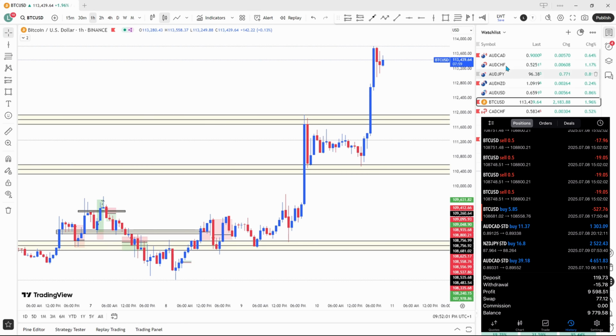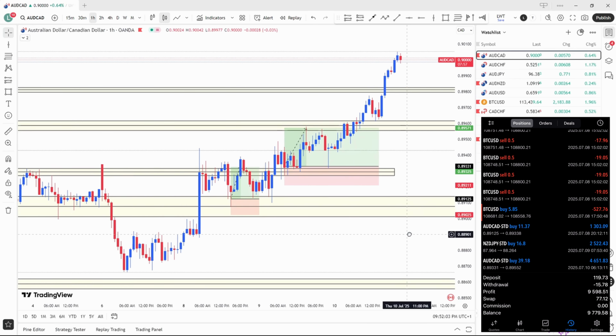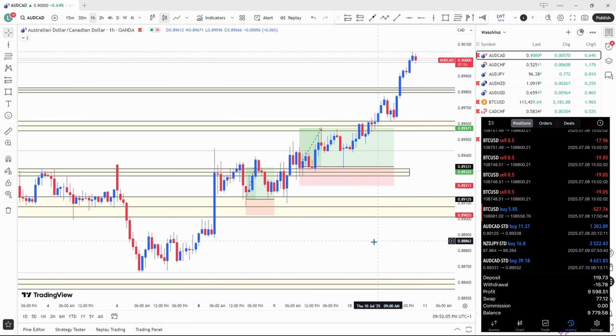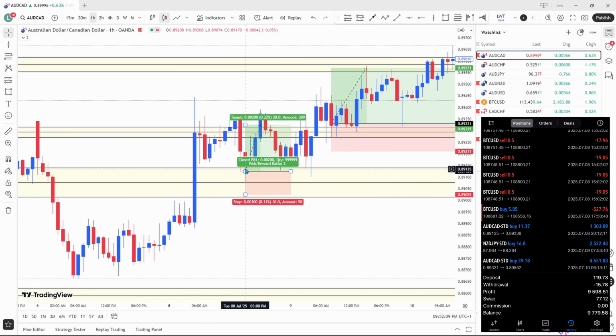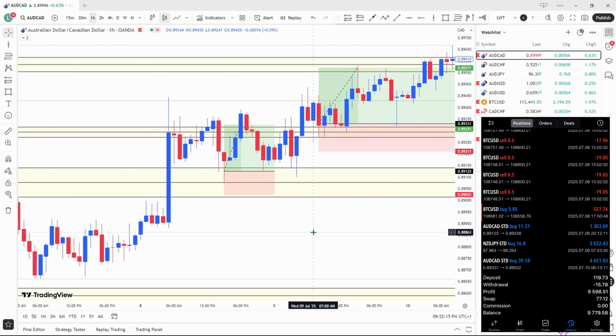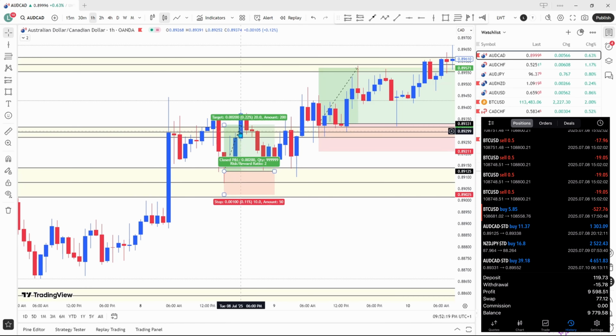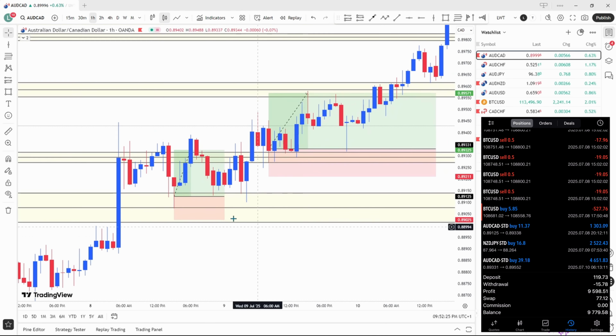So moving on to AUD CAD. This was my first day trade that I let run all day. Well, say all day, it only ran for a couple of hours before hitting my TP. So this one made £1,303.09, which was beautiful.